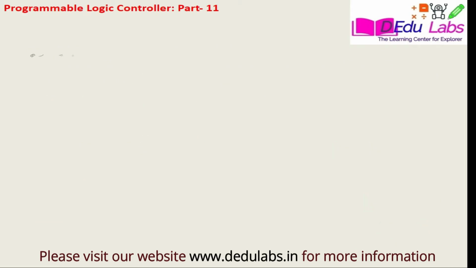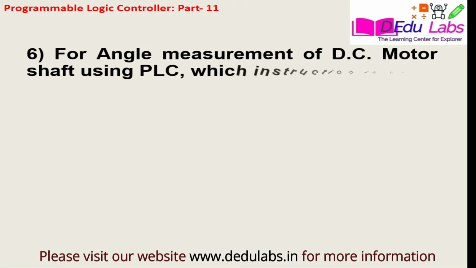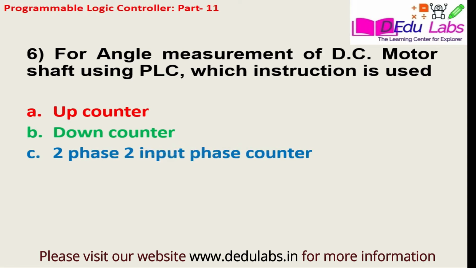Question number 6. For angle measurement of the DC motor shaft using PLC, which instruction is used? Option A up counter, option B down counter, option C two phases, two inputs, phase counters, option D all of this.